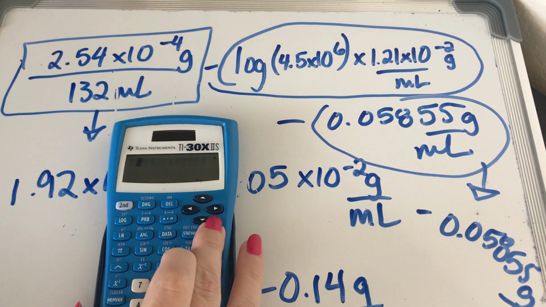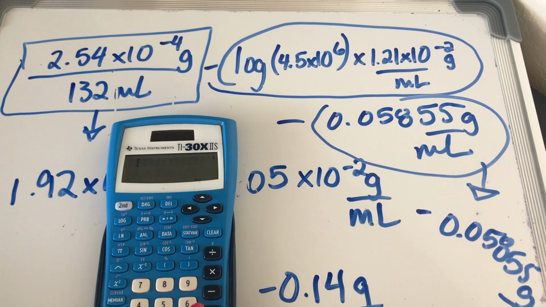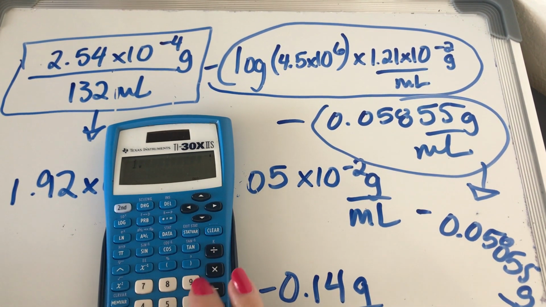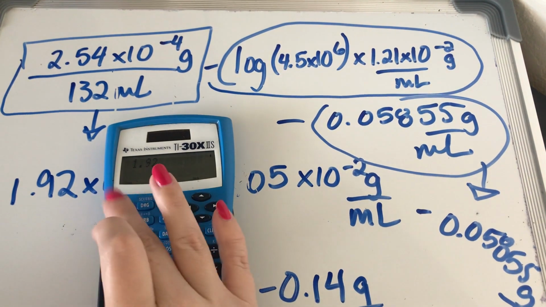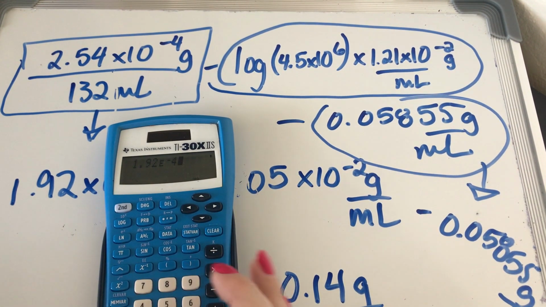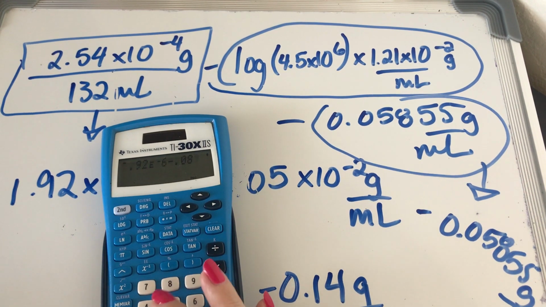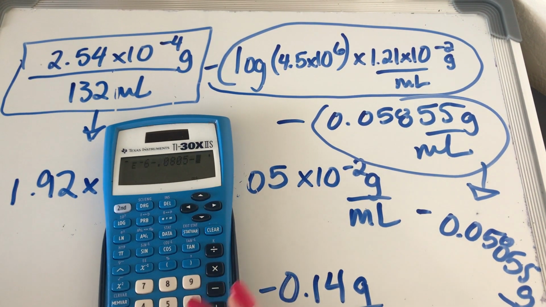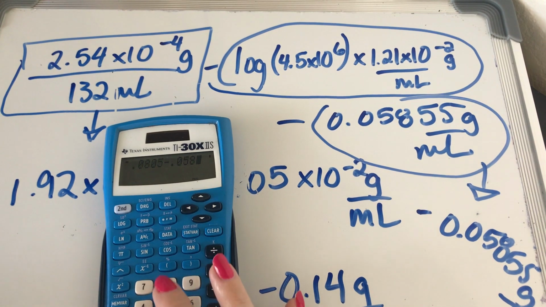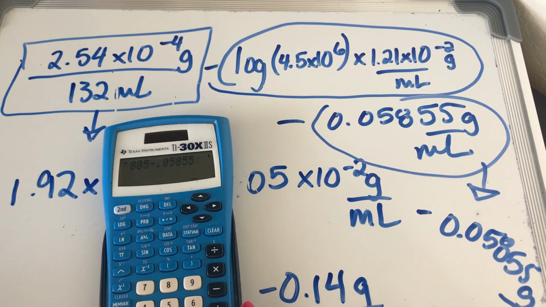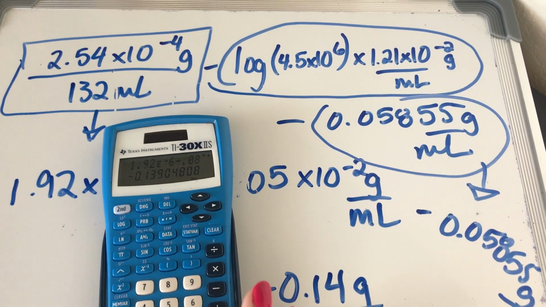I'm going to do it again just to double triple check. 1.92 times 10 to the -6. Yep.